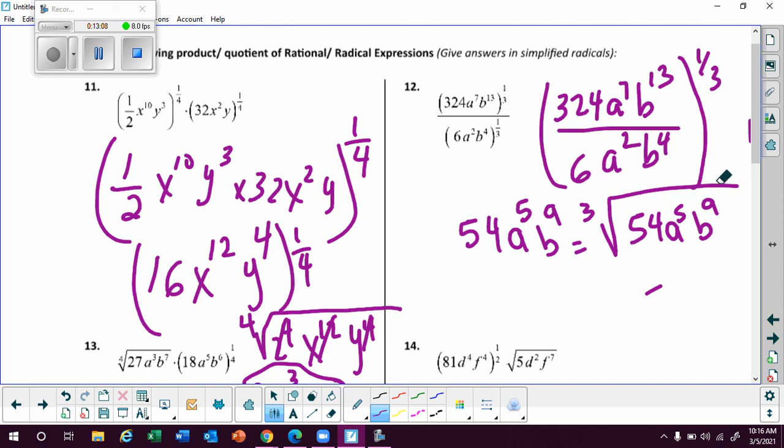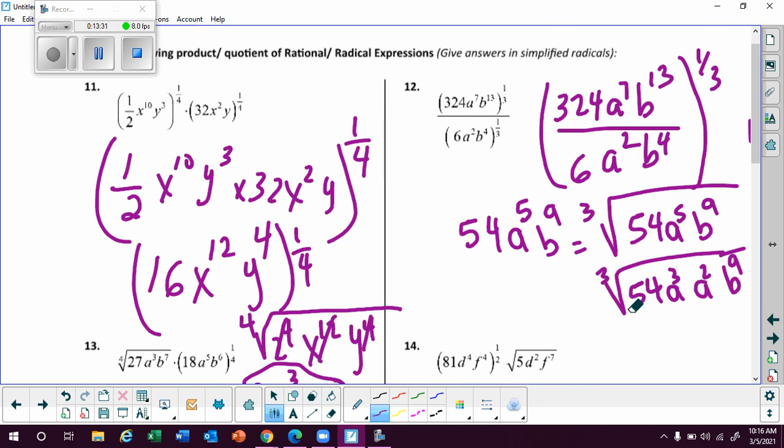I know 9 is divisible by 3, but 5 is not divisible by 3. So let's rewrite it so that I can have numbers divisible: 54 a3 a2 b9, right?